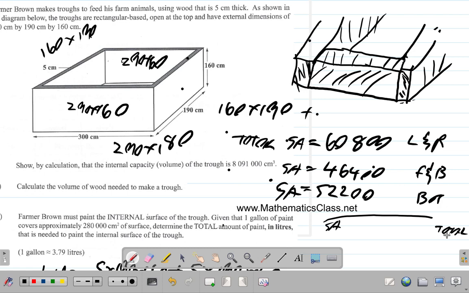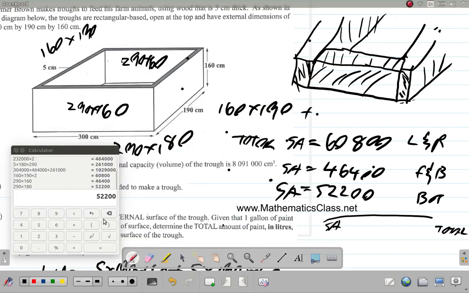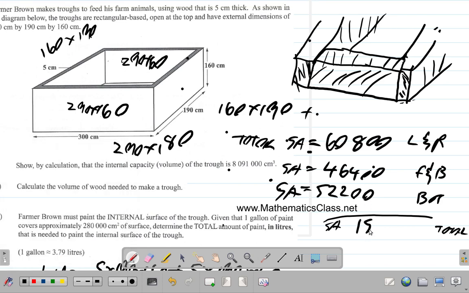You add up all of them and see what they give you. 60,800 plus 46,400 plus 52,200 equals 159,400. 159,400 centimeters squared. Right? So you see that.